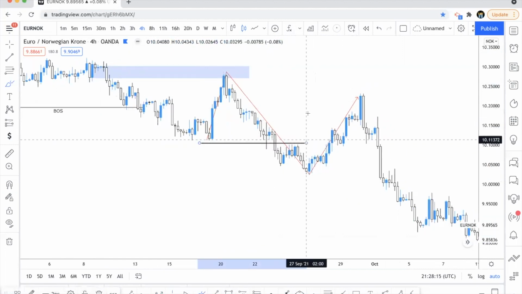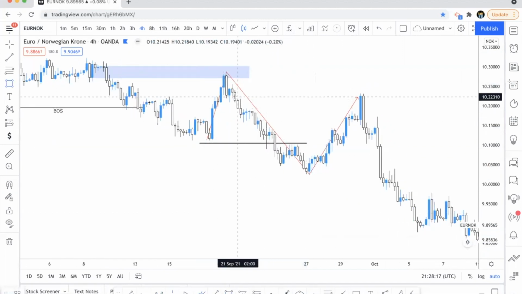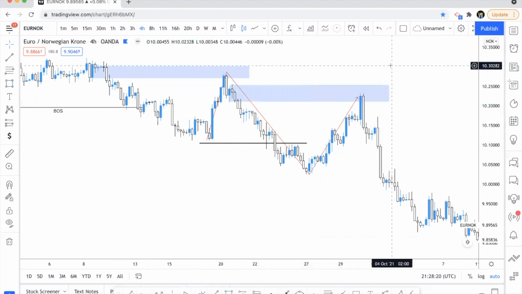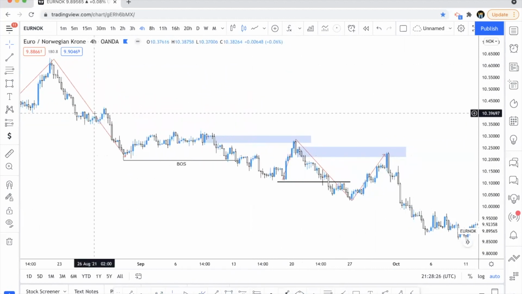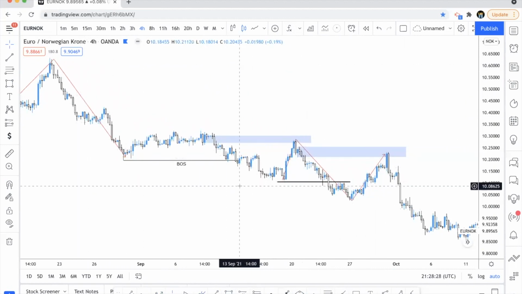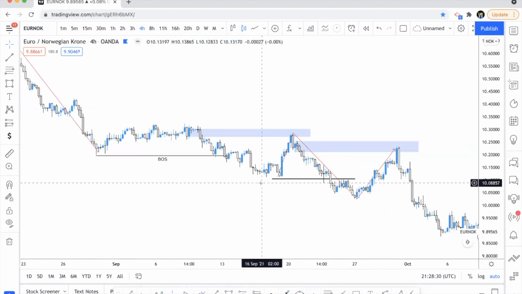As you see, when we had another break of structure, this is where you can align yourself with the supply bias here. Everything's pushing down.